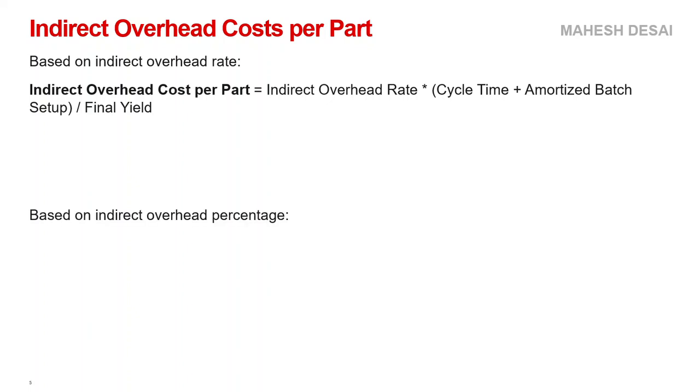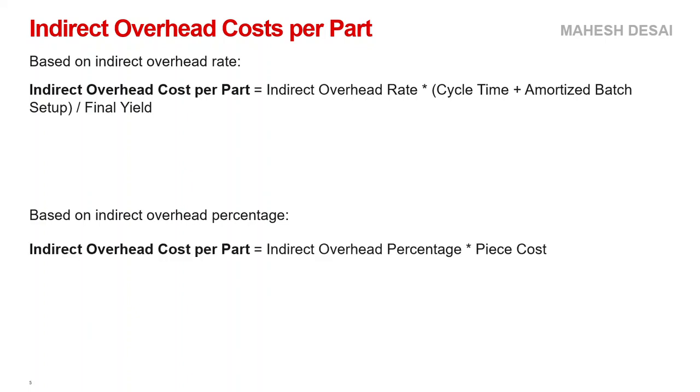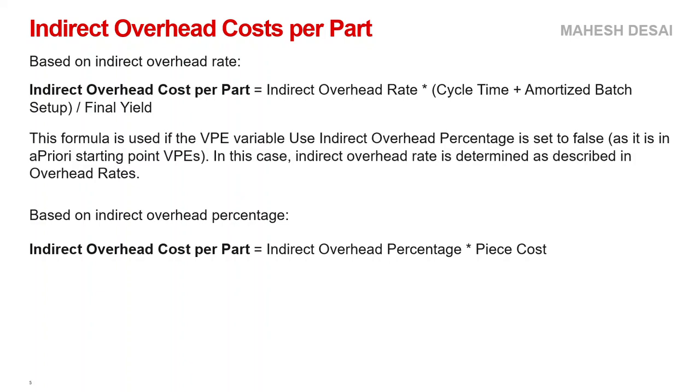The second formula is based on overhead percentage. Indirect overhead cost per part is indirect overhead percentage multiplied by piece cost. The first formula is used if the VP variable use indirect overhead percentage is set to false.